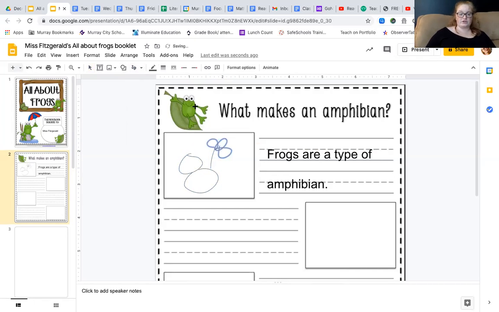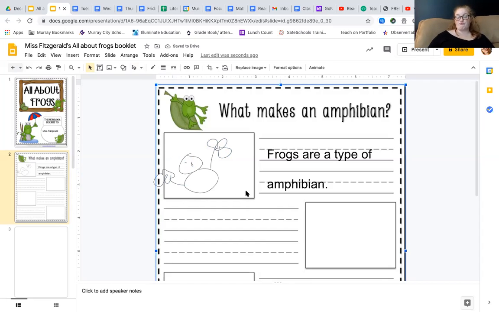Frogs are usually green, but we also watched a video earlier this week that said frogs can be lots of different colors. And the colorful frogs are poisonous. Okay, so here's my frog that I can draw the best that I can. Okay, there you go, there's my frog.